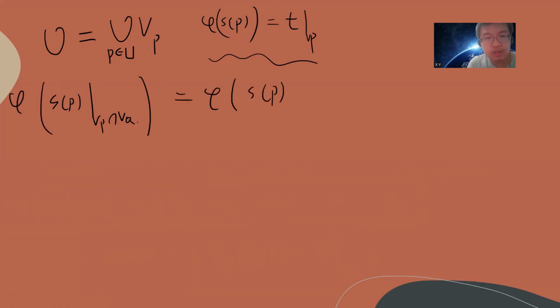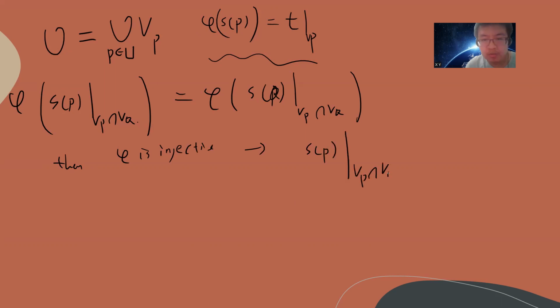Let's say we consider their intersection for two points, this is Q. If they map to the same thing, call it T, then, since phi is injective, as we proved before, we know that S_P restricted to V_P intersect V_Q equals S_Q restricted to V_P intersect V_Q. So this tells you that their restrictions on the intersections are the same.